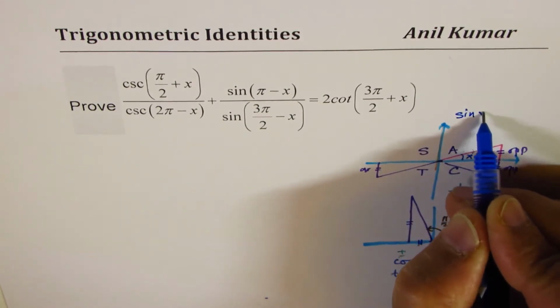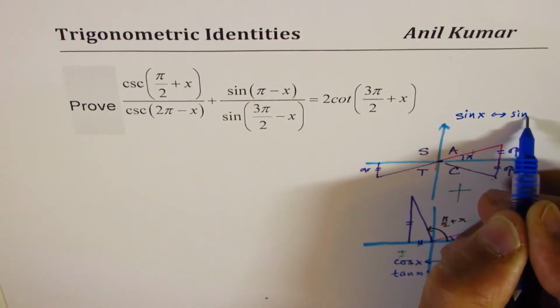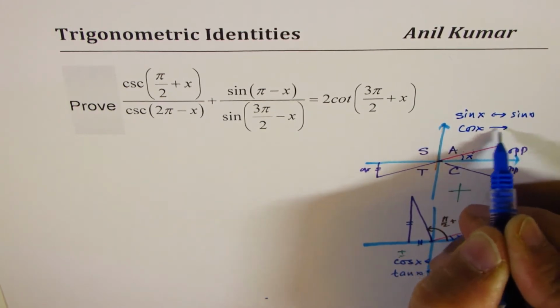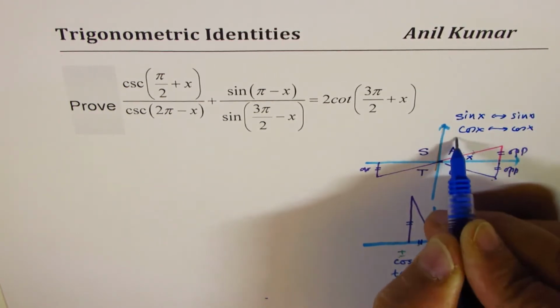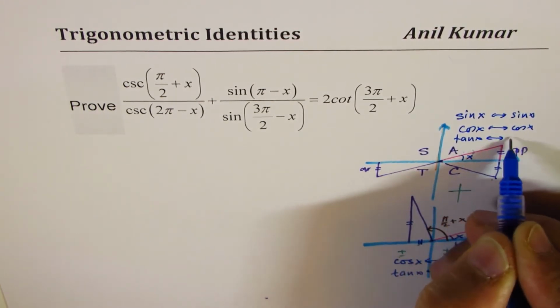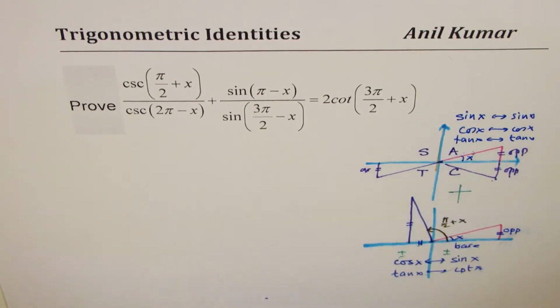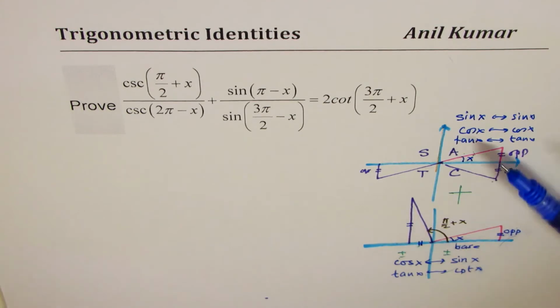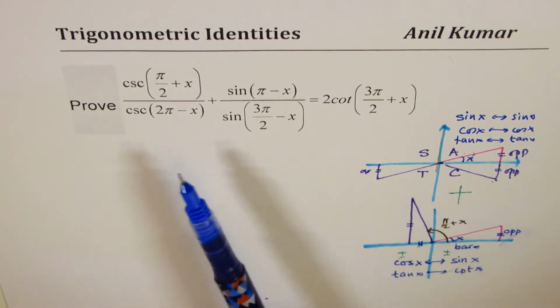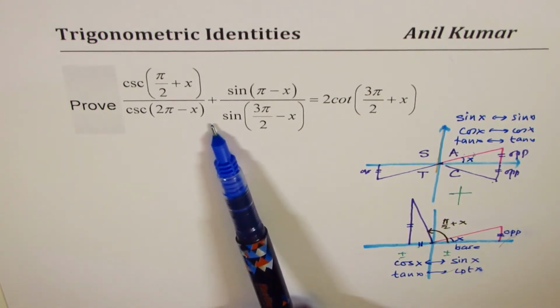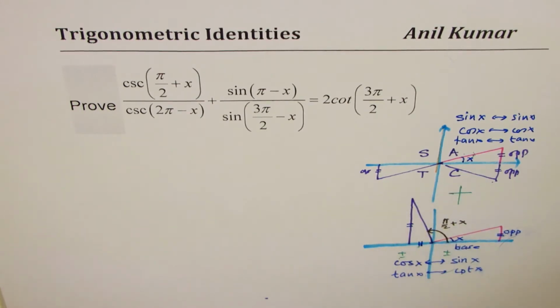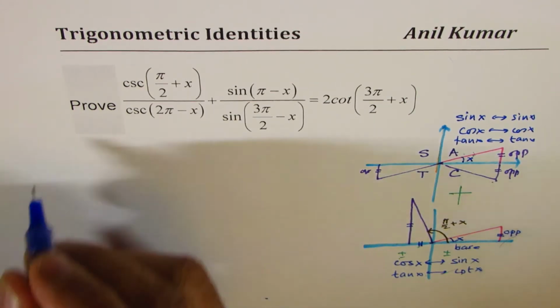Sine x will be sine x, cos x will be cos x, and tan x will be tan x. The ratio doesn't change. With this in mind, I'm going to prove this identity. You don't really have to remember many things, but the concept I've shown you here is one of the most important. So let's begin with the left side.